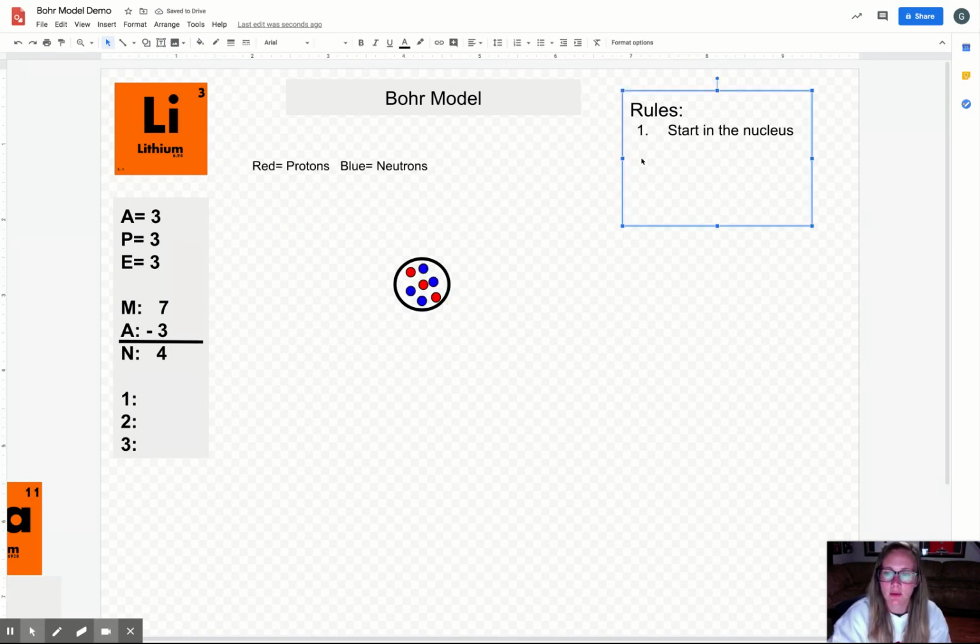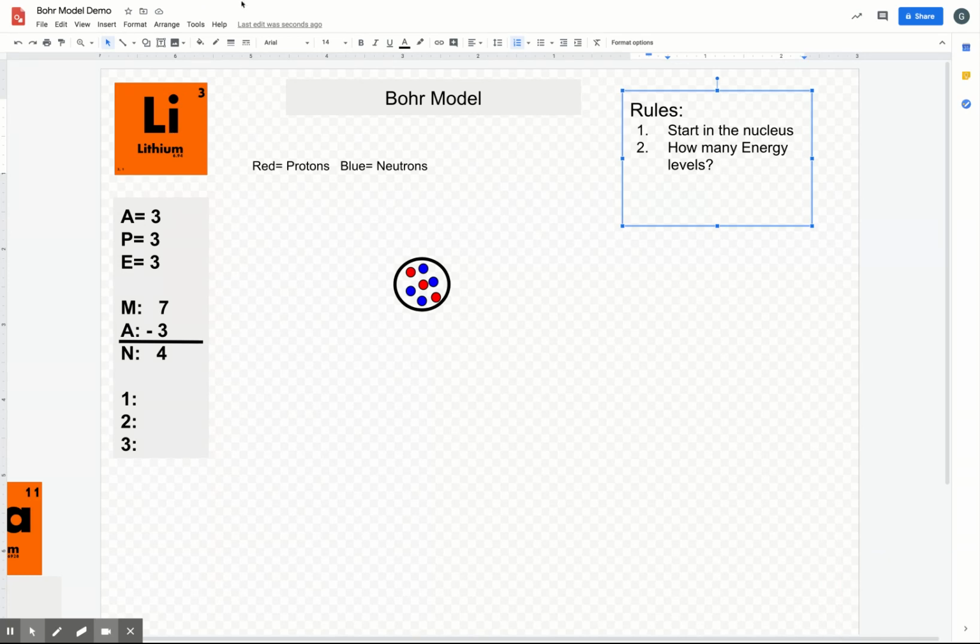Our second rule is to identify the number of energy levels that we need. The way that I do this is I identify what period this element is in. Energy levels are where our electrons live. Lithium is in, if we look at our periodic table, group 1, period 2.